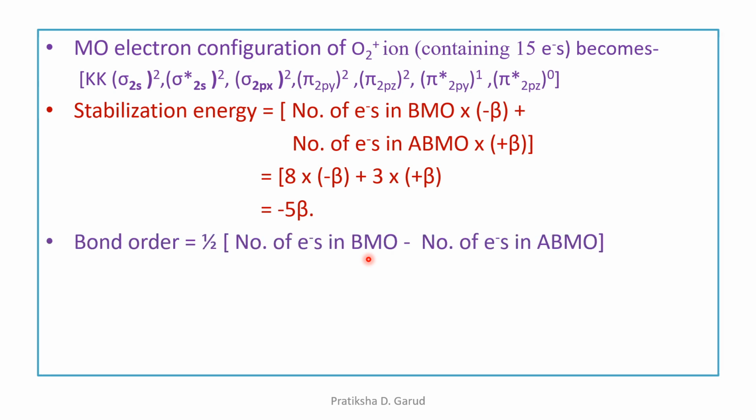Then bond order is equal to 1/2 into number of electrons in BMO minus number of electrons in ABMO. So this becomes 1/2 into 8 minus 3, and it becomes 2.5. So the bond order for the O2 plus ion is 2.5. Now we have to compare the stabilization energy as well as the bond order of the O2 plus ion with the actual, that means the oxygen molecule.